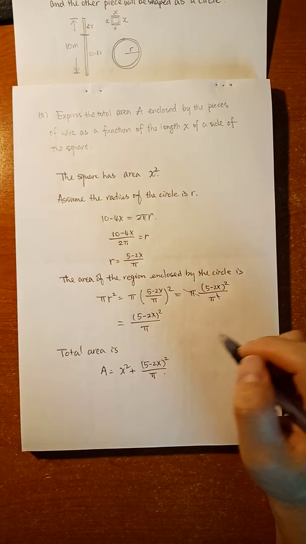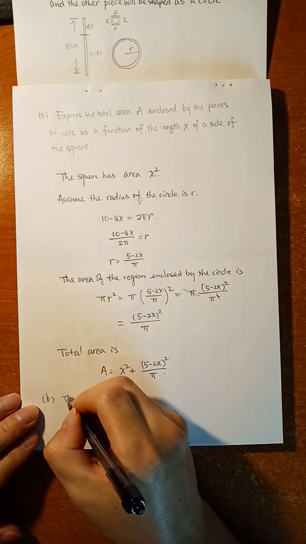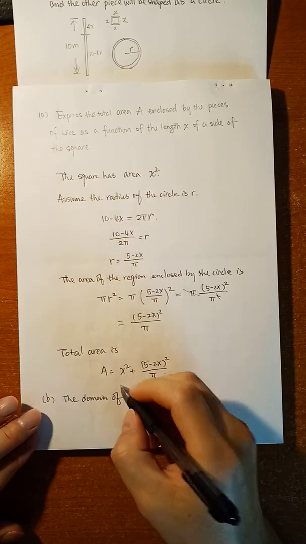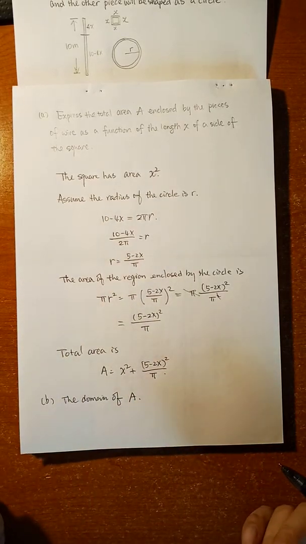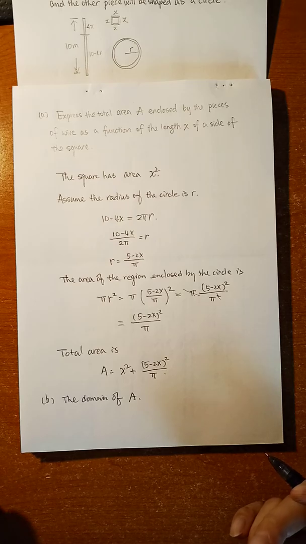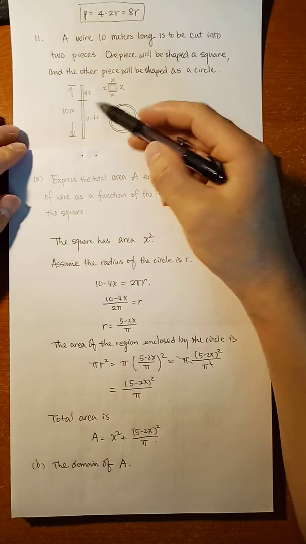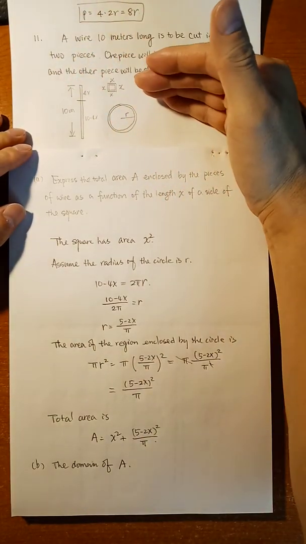So this is the first one. And second, the domain of A. What is the domain of A? The domain of A is based on the question. So you cut it into two parts.